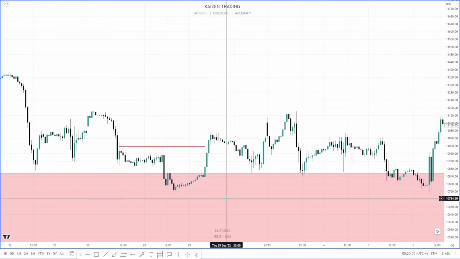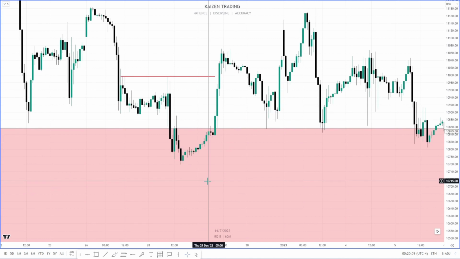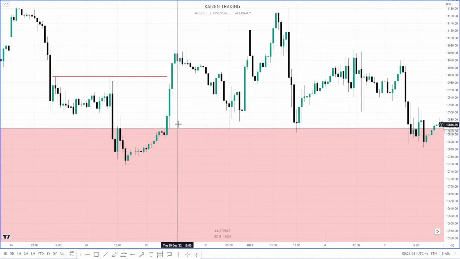One thing I want you to notice is we're coming out of a rejection block, so we want to look for bullish PD arrays. What we have here is two down candles, 1 hour candles, and then this next candle drives up really fast. That's a big candle, and it creates some good distance out of this displacement away from these order blocks.